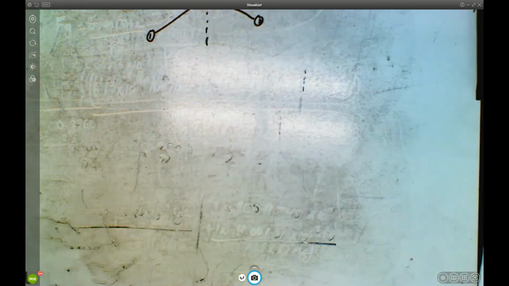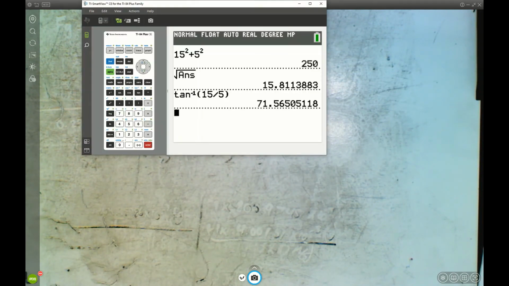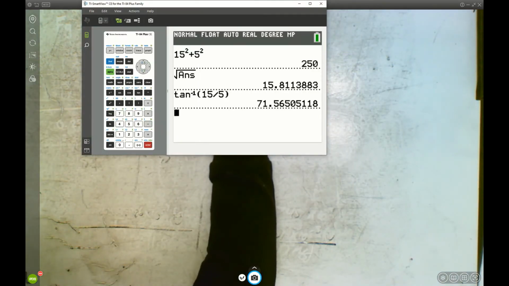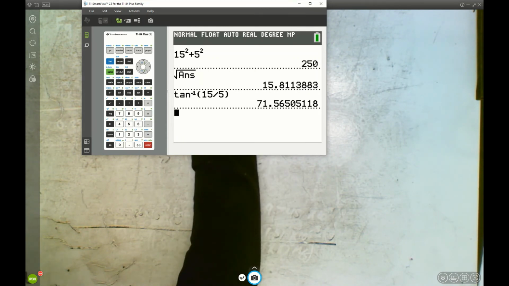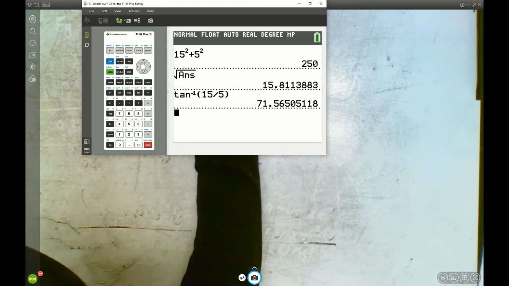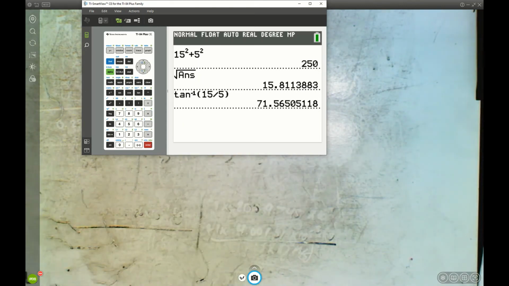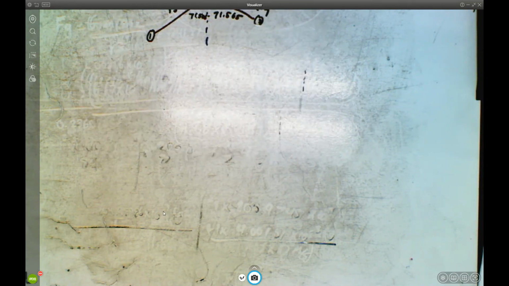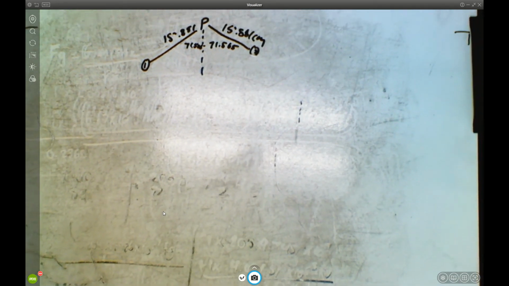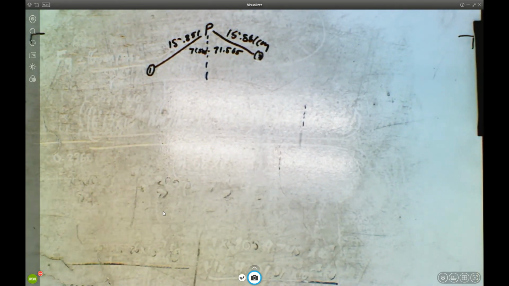So we said that this was 71.565, and this is 71.565, and then we were 15.881 centimeters away. Okay, sorry, I know that's underneath my calculator, but I just wanted to have that there. And of course I drew it too high, so it's off the screen. I can fix that. There we go. Didn't use my little legend for the top there.